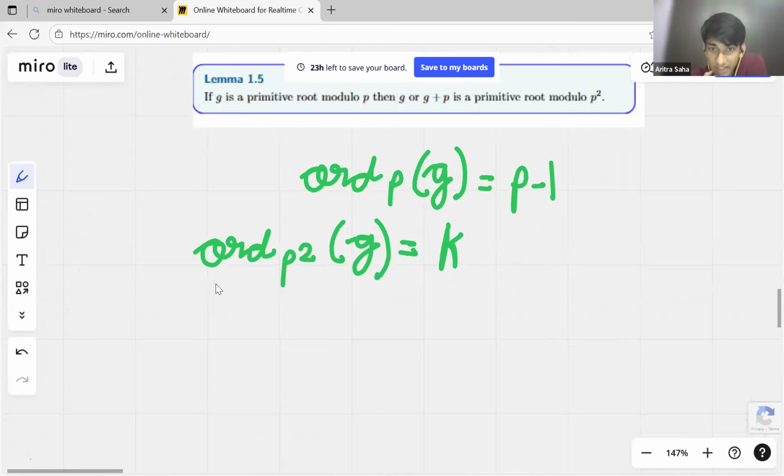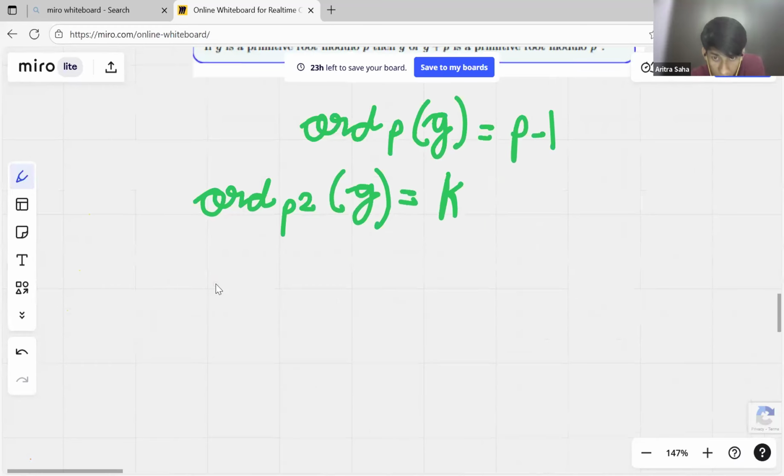And because g is not a primitive root modulo p square, k should divide p into p minus 1, right?